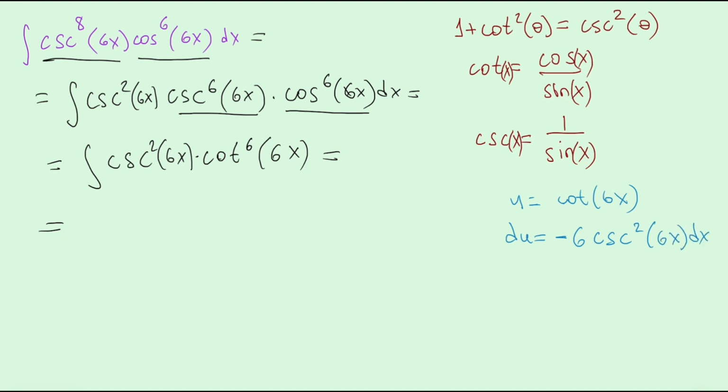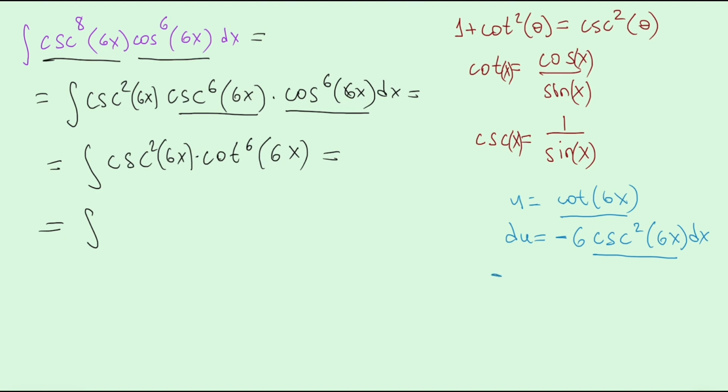Now it looks like we already have a replacement for cosecant squared of 6x. We could replace that with du now. And we can replace all the cotangents with u. So in this case, we don't need to use the trig identity anymore. So we could replace everything now. First, let's rewrite our du.